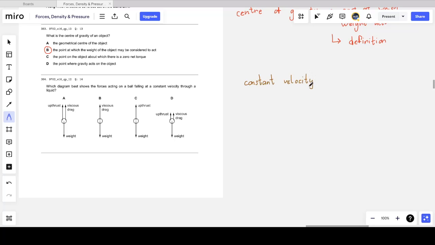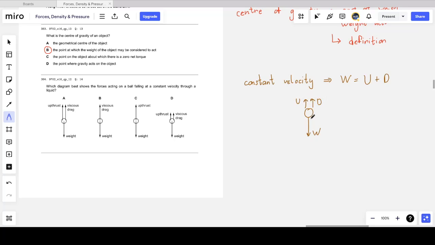And this is a ball in this case, and not an air bubble like we had in a previous question. So if the velocity is constant, the weight must equal the upthrust plus the drag. Because it's falling, the drag will act upward. It's moving downward. And so here's my ball, has some significant weight W pointing downward. And then there must be an upthrust and a drag.